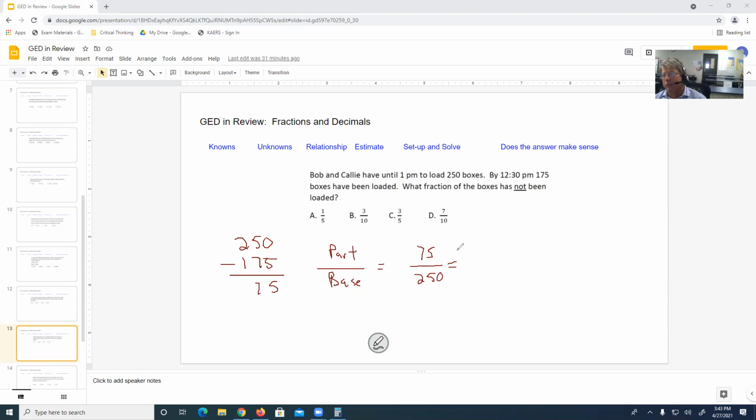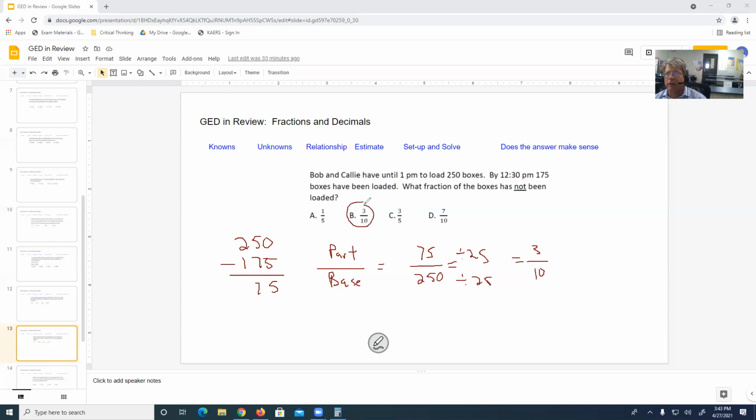I don't have that, but I do recognize this is quarter math. I can divide the numerator by 25 as long as I divide the denominator by 25. I know there are 3 25s in 75, and 25 times 10 would be 250, so that's a 10. So it's going to be 3/10. So B would be our answer.